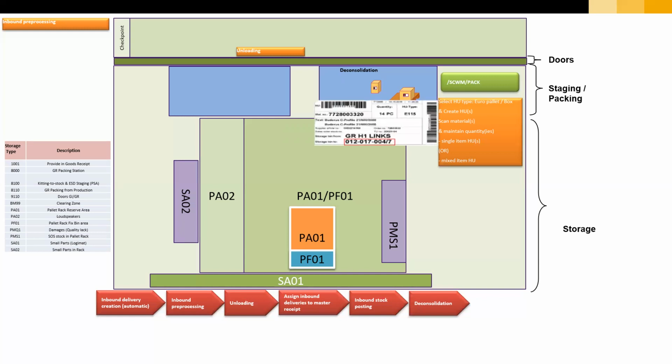It's a sample label I'm giving: the HU number with the barcode, material number, how many quantities there are, which HU type you are using. This is the complete information you are going to get about this particular label.